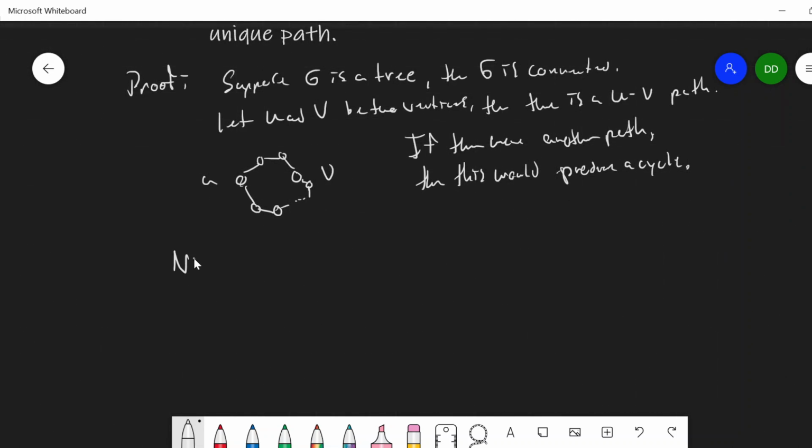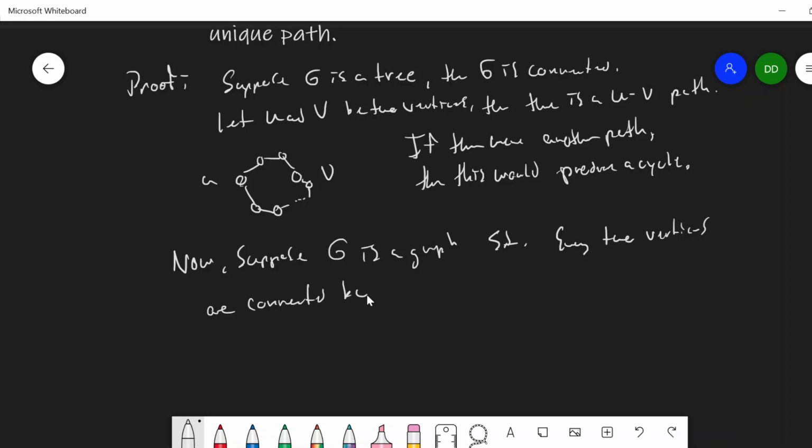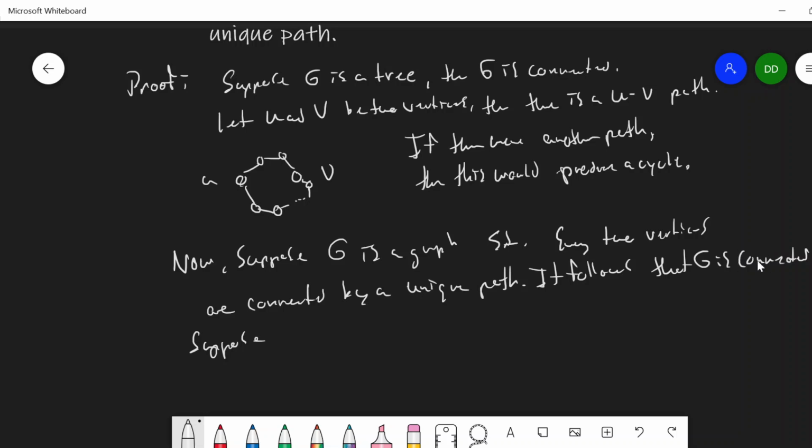Now suppose G is a graph such that every two vertices are connected by a unique path. Since any two vertices are connected by a path, it follows that G is connected. What I need to show now is that G is a tree, so I need to show it's acyclic.